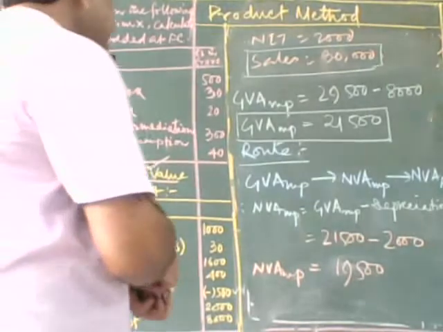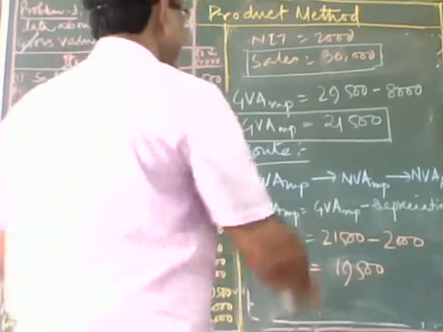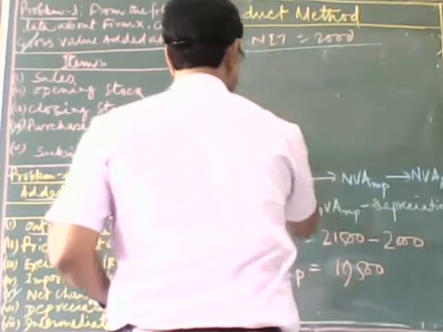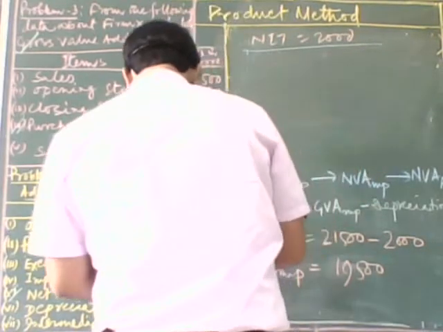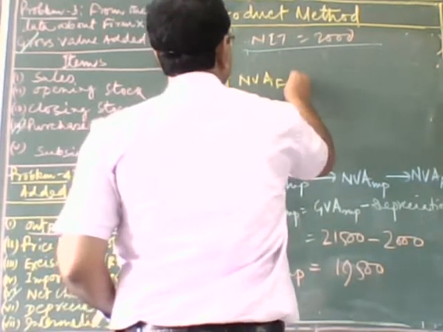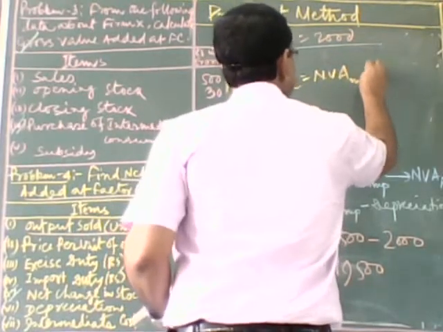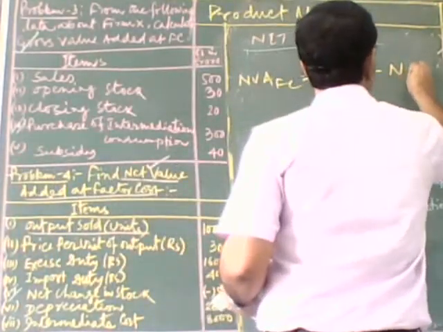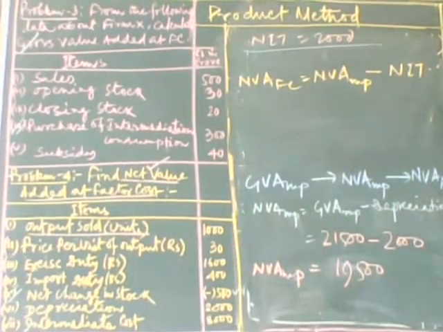From NVA at market price, we have to calculate the value of NVA at factor cost. Therefore, NVA at factor cost is equal to NVA at market price minus NIT, because the relation between market price and factor cost, the bridging component is NIT.